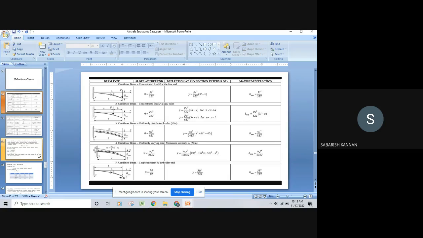In these load conditions, how does the beam get deflected? We want to know the deflection, and where the maximum deflection occurs. These are the many characteristics we find out in deflection, so we have many big derivations. We leave all those and go directly to the formulas.